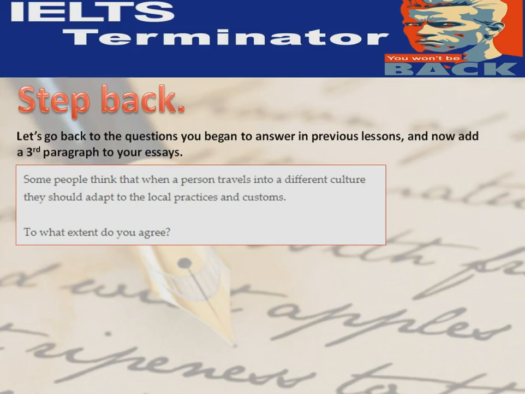You've already begun this essay if you've been following my suggestions. You've already got your first paragraph and your second paragraph. Now it's time to add the third one where you counter the opinion shown in paragraph 2. You may stop the video while you do that and then come back.